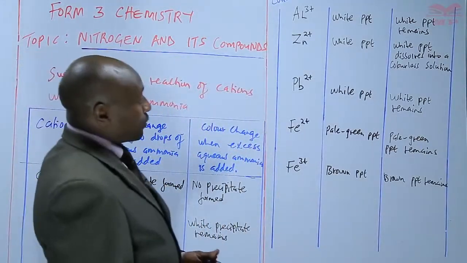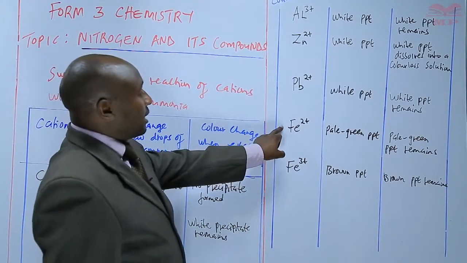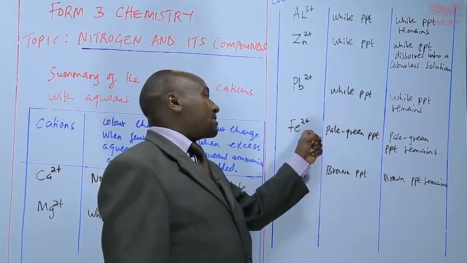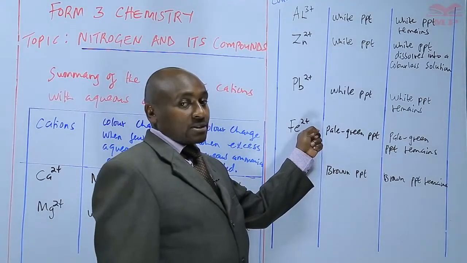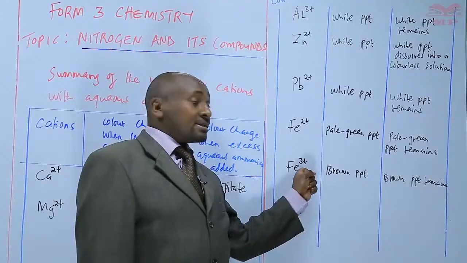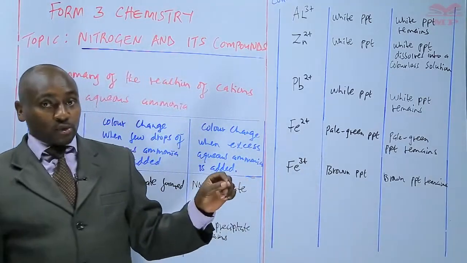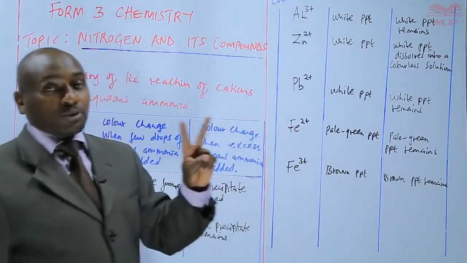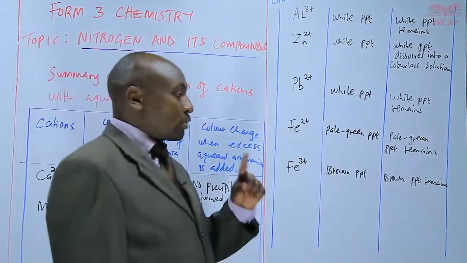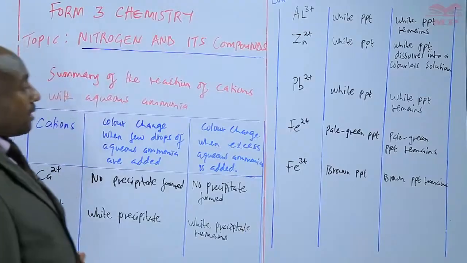Now, there's something that I want to explain here, that the pale green precipitate is as a result of iron 2 ions, and the brown precipitate is as a result of iron 3 ions. Remember, we have 2 types of cations, 2 positive ions from iron.